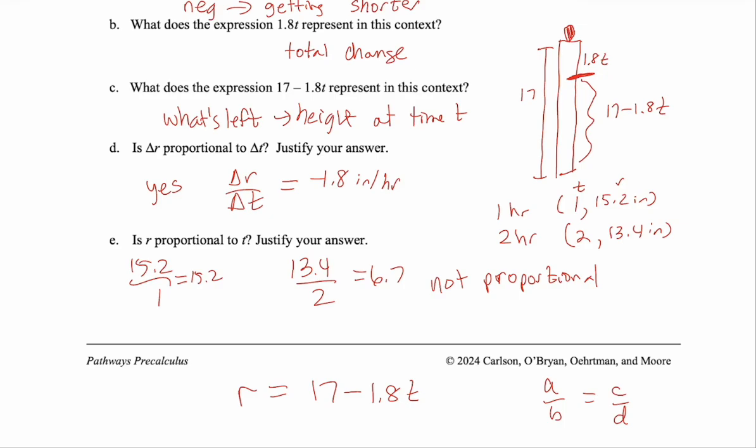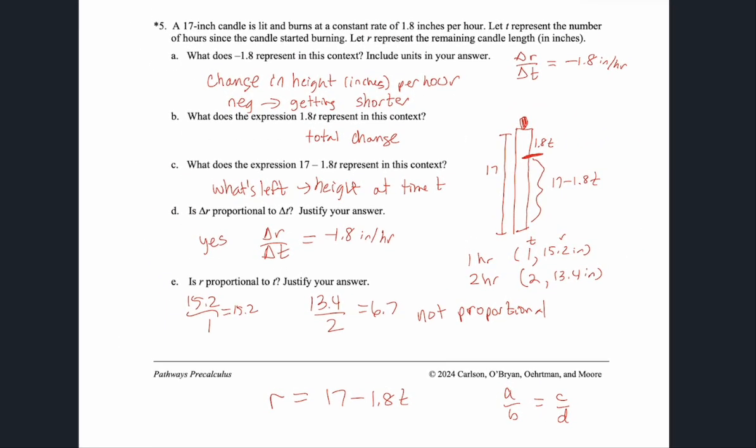The rate of change, the slope, you can write like that. So that particular part of the equation is proportional, but that particular equation relating the original height with the height over time isn't proportional. So that is a little bit about that.